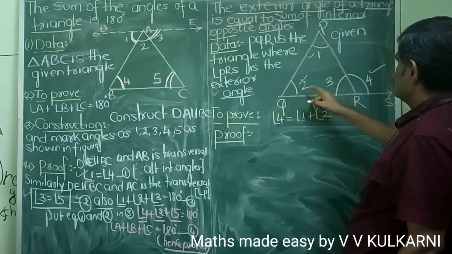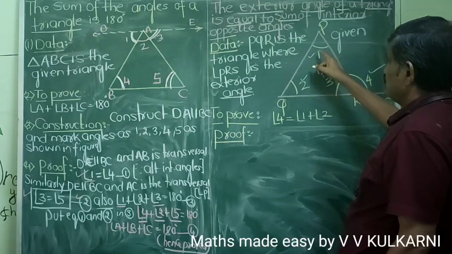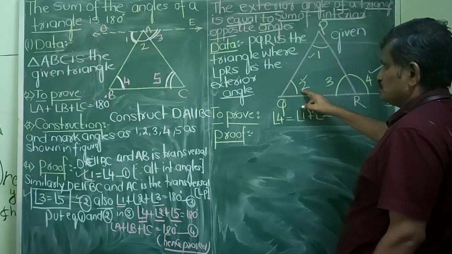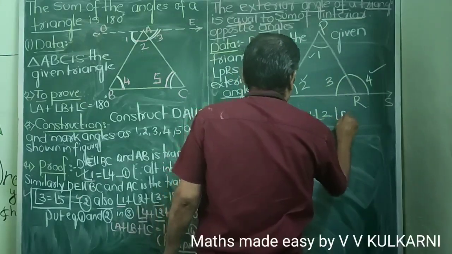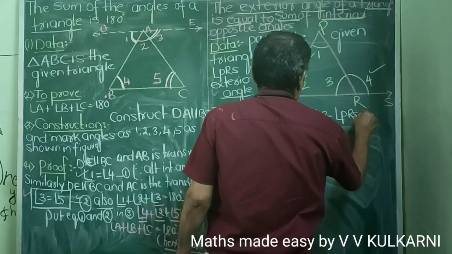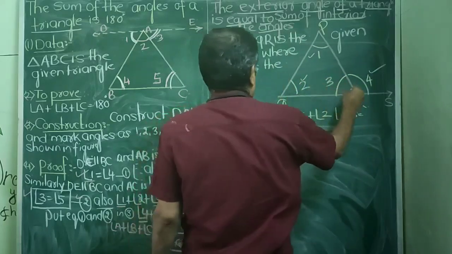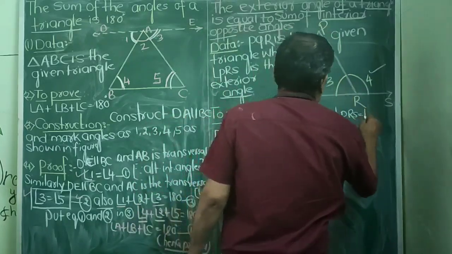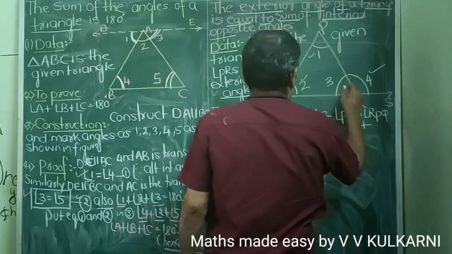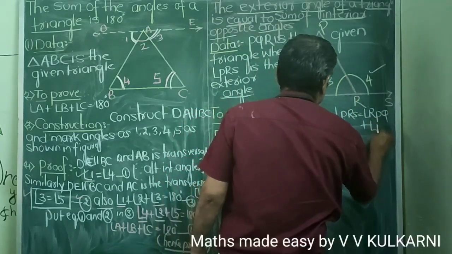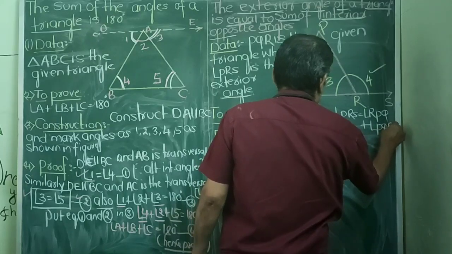That means angle 4 is equal to angle 1 plus angle 2. Or I can say like this also, angle PRS is equal to angle RPQ plus angle PQR. This is what I have to prove.